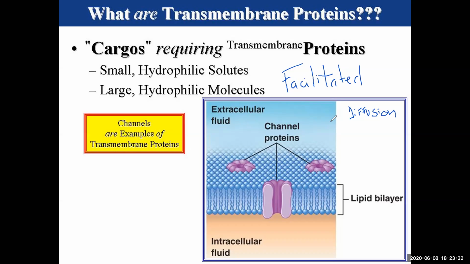And the first type of facilitated diffusion is through transmembrane proteins. They are channels for small size hydrophilic solutes. On the next slide, we're going to deal with the large size hydrophilic solutes.